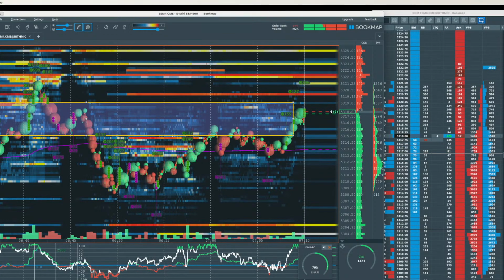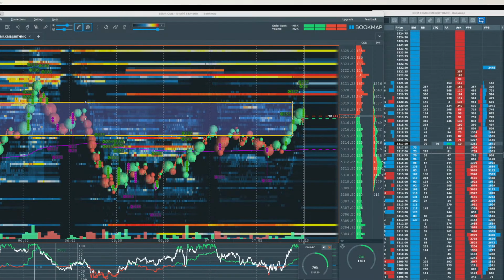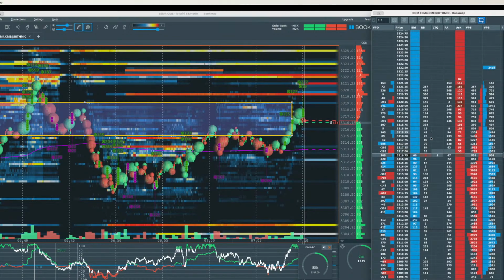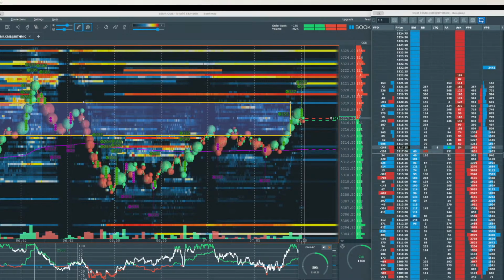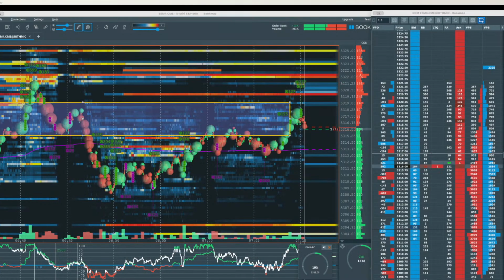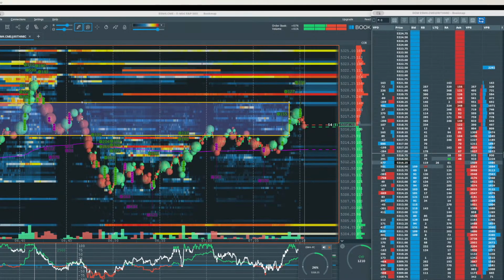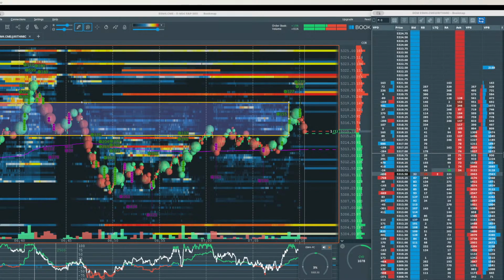Sweep ESM for CME buyers at 5,317.75. So now we have buyers, major push up on the buyers here. Then we have absorption right here as well. All right, I'm seeing this absorption here, these sweeps.